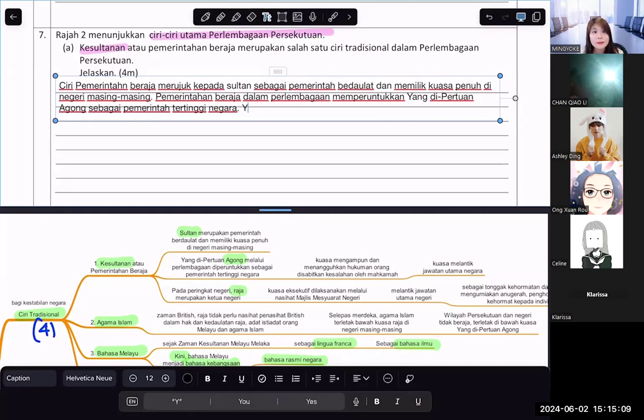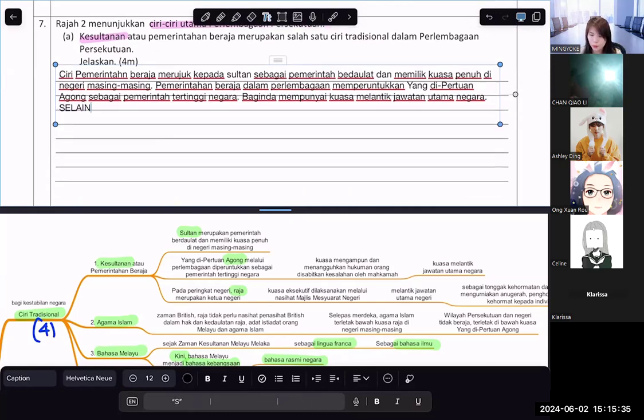Baginda mempunyai kuasa mengampun, or you can say kuasa melantik jawatan utama negara. Like this already 3 marks.